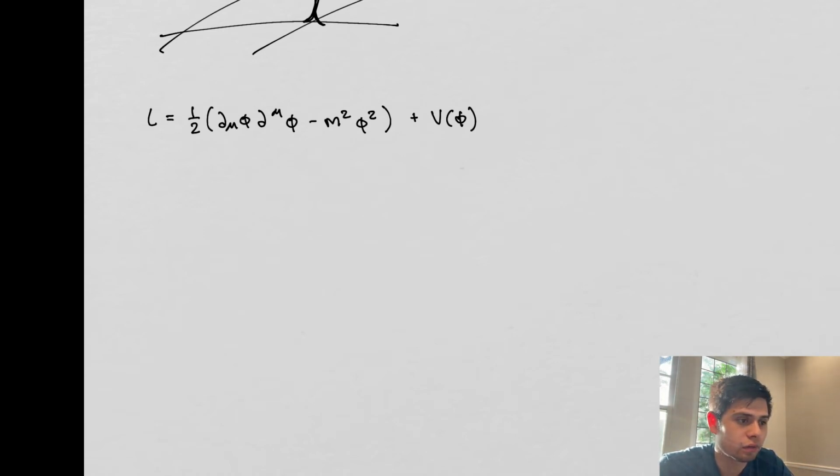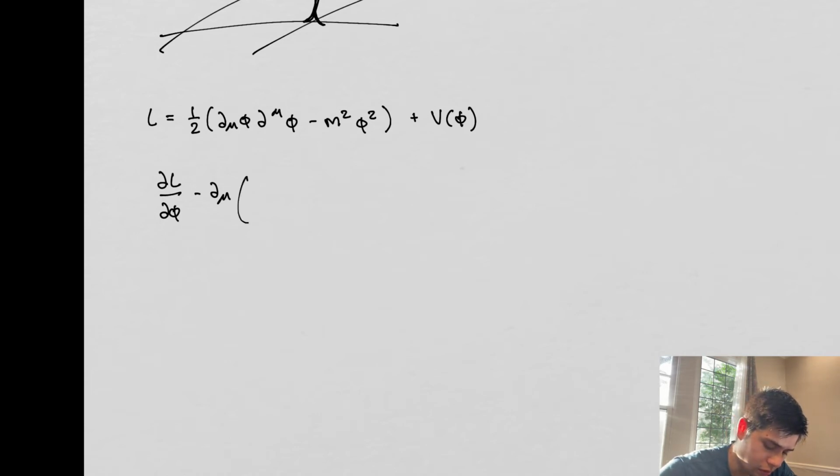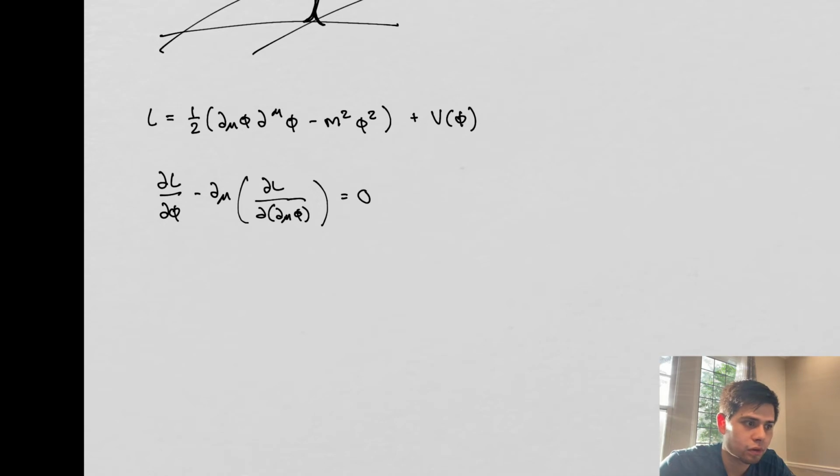And so simply put, we can use this again. This is the Euler-Lagrange equations: minus d mu dL d by d mu phi equals 0, right?